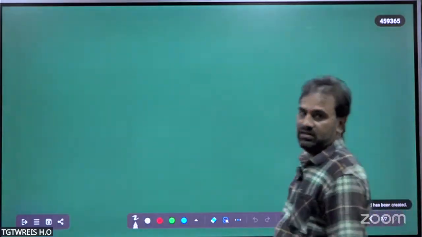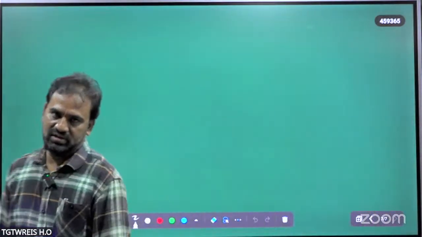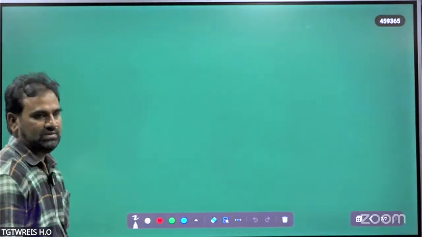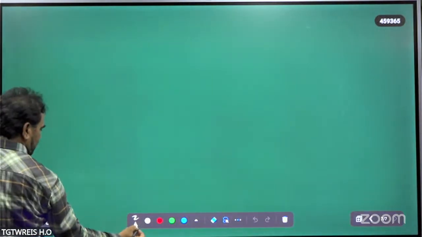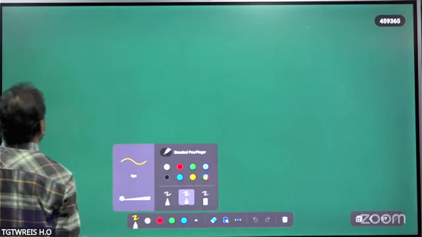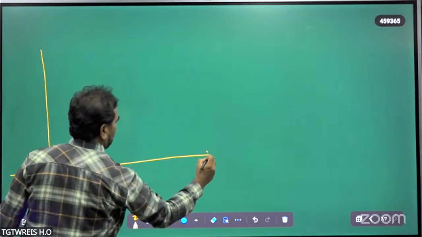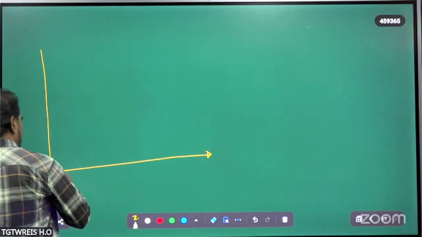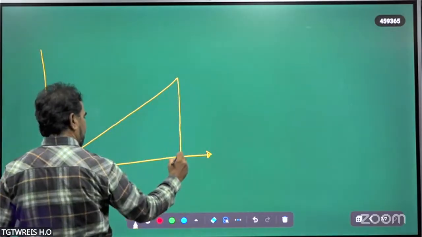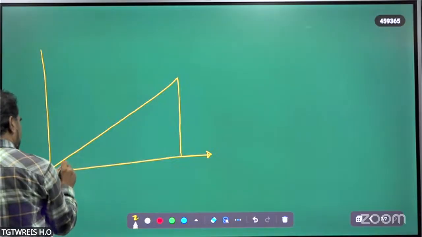Next, based on the same concept only, suppose consider an inclined plane. This is an inclined plane of inclination theta.